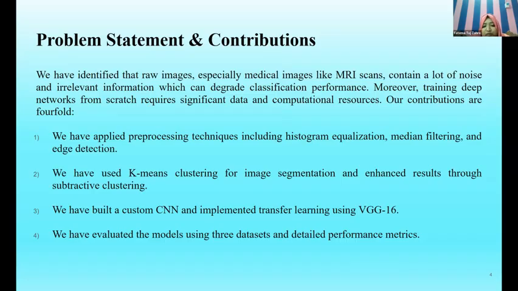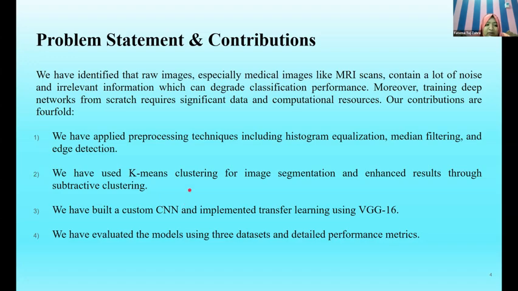Our key contribution was to develop an effective preprocessing using histogram equalization and edge detection, use of the K-means algorithm and subtractive clustering for segmentation, and implementation of both a custom CNN and the transfer learning model VGG16. The evaluation on three diverse datasets with detailed performance metrics.